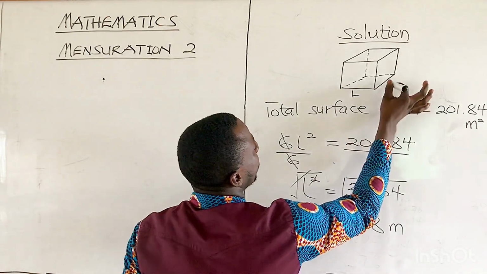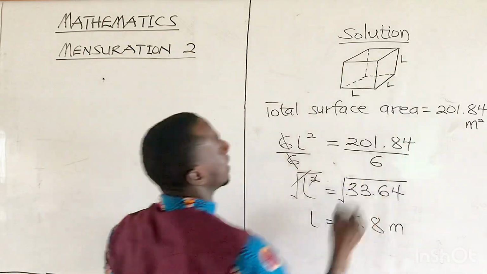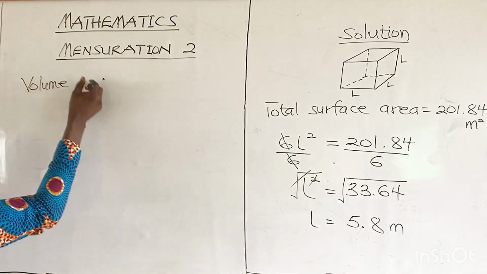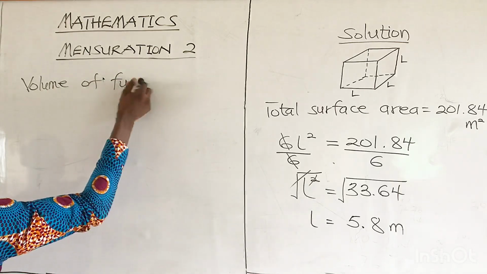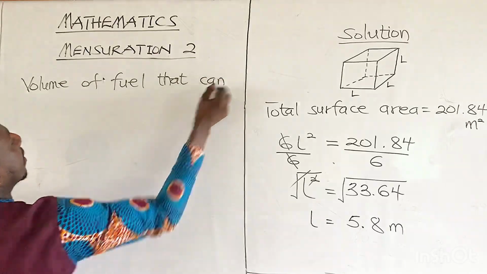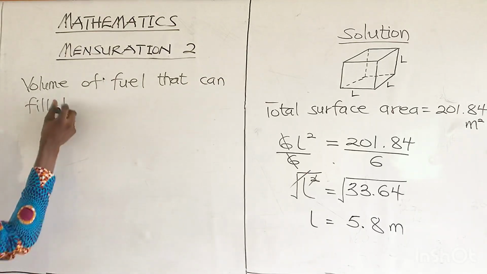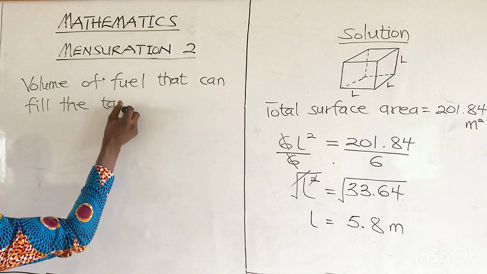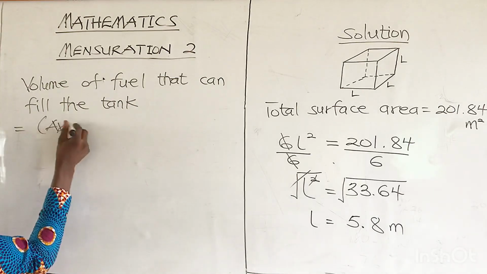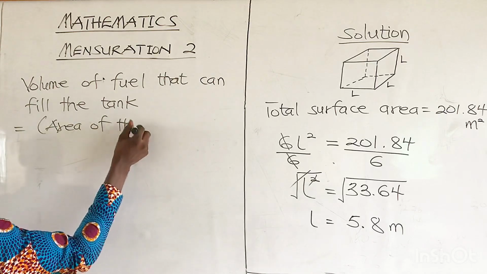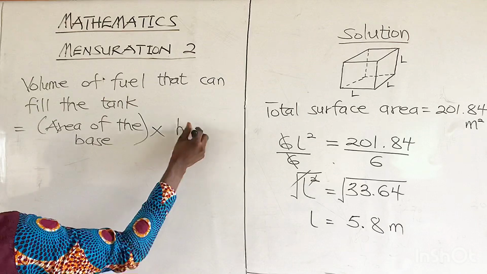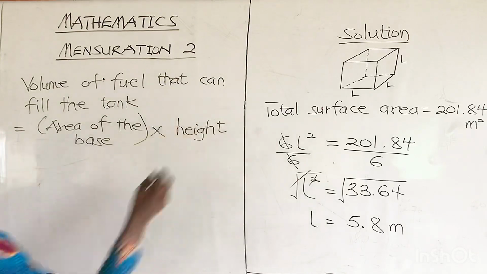Now this side is L, this side is L, the height is also L. So the volume of fuel that can fill the tank is going to be the area of the base multiplying its height.